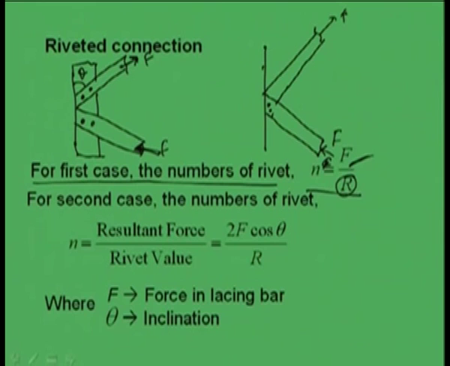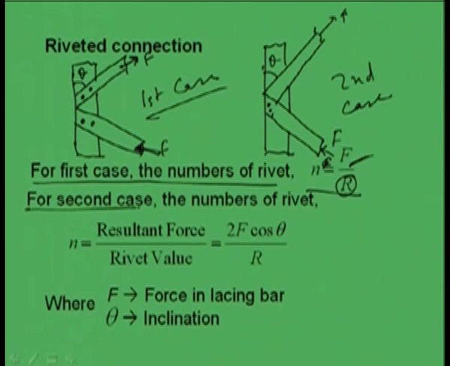This is theta. Now this is second case and this is first case. Okay. In second case what will happen? For second case the number of rivets can be found out from the resultant force by rivet value.